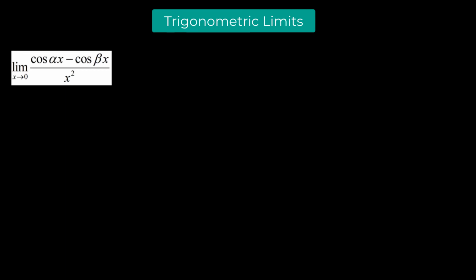So that means we need to recalculate this given limit. We need to first simplify it. So we have cosine of alpha x minus cosine of beta x.